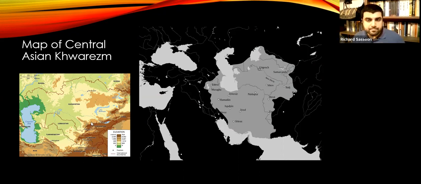You have this control over the low-lying areas of Central Asia. You can compare the map on the right with the map on the left in terms of elevations, and you can see the difference. You can also see that a lot of territory is around the Aral Sea, and that becomes their primary basis of water in the region of Chorasmia, Khwarezm.